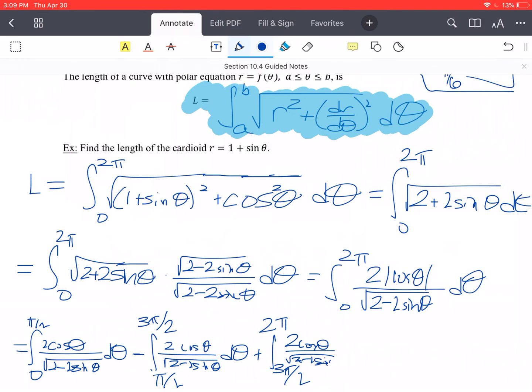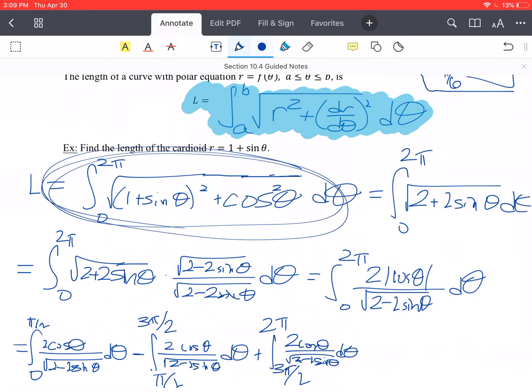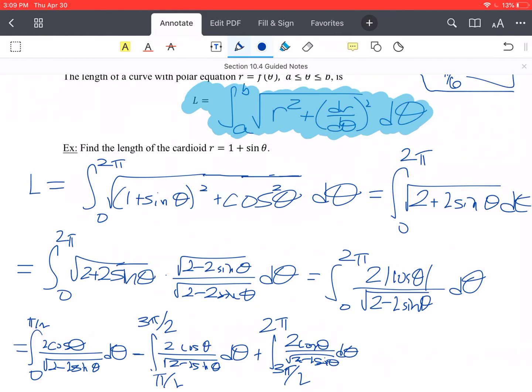So you can see the integration of this one gets kind of messy. Just bear in mind that the main part we're focused on, at least for right now, is being able to set it up appropriately. A lot of this nitty-gritty stuff is just extra practice with methods of integration. What you would need to do for all of these is just a u sub.